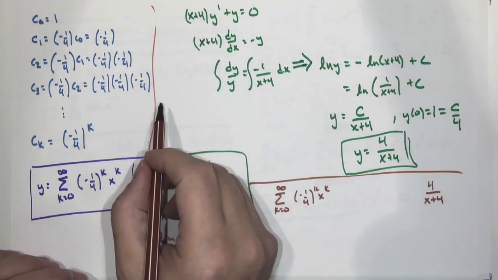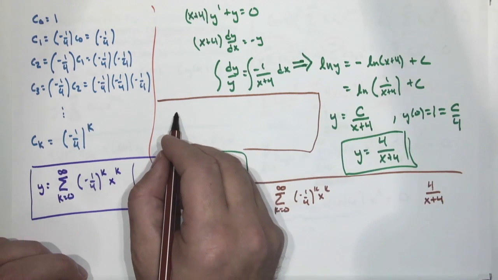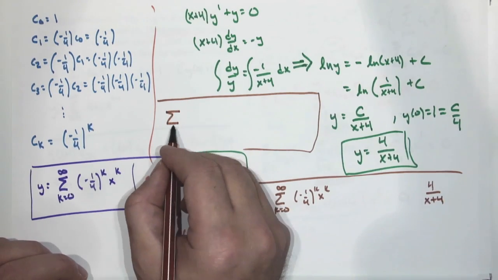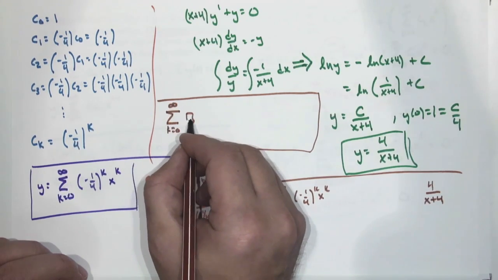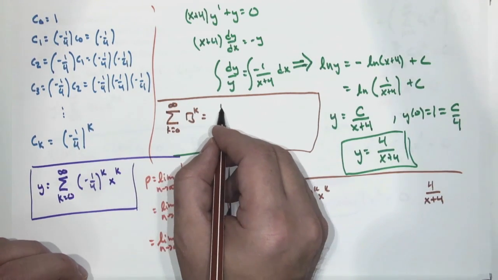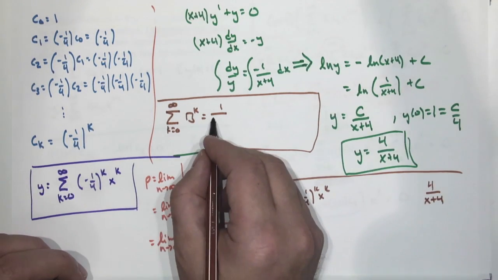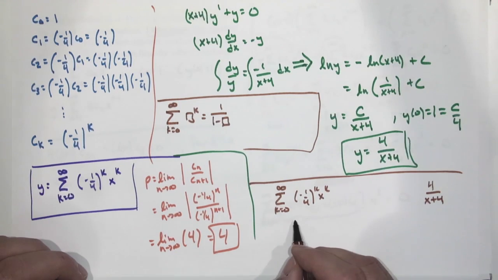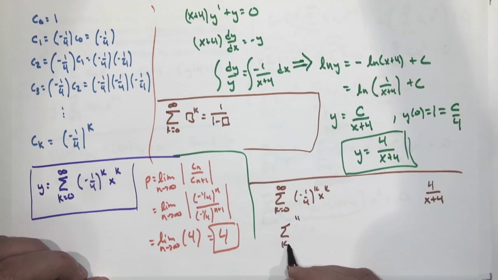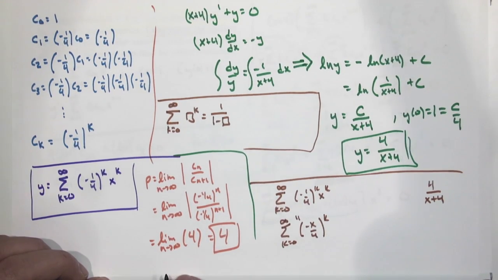Well, is there anything that can help us? A formula sheet might help us. So the sum from 0 to infinity of something to the k power is equal to 1 over 1 minus our something. Okay, so notice that this is the sum, k equals 0 to infinity, of minus x over 4 to the k power.